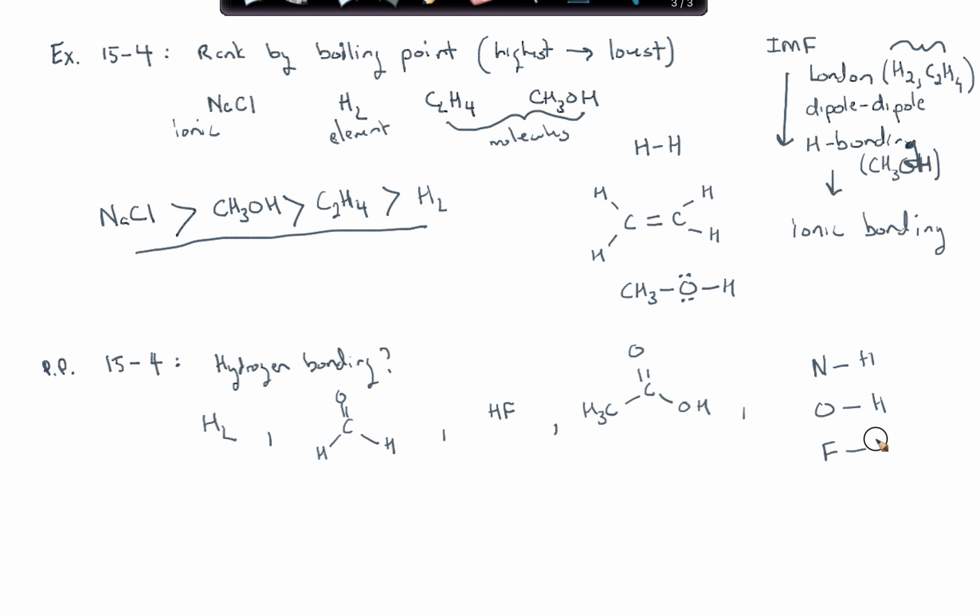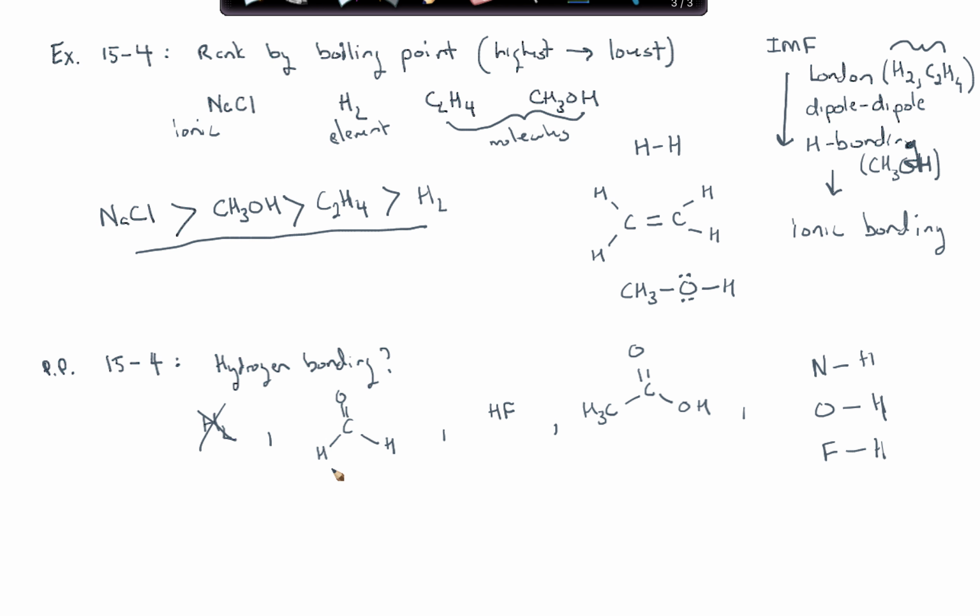If we don't have this present in our molecules, then by definition we cannot have hydrogen bonding. So even though this is hydrogen, and even though there are bonds in the hydrogen, hydrogen's not covalently attached to nitrogen, oxygen, or fluorine, so no hydrogen bonding here.